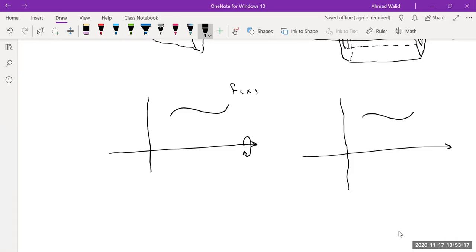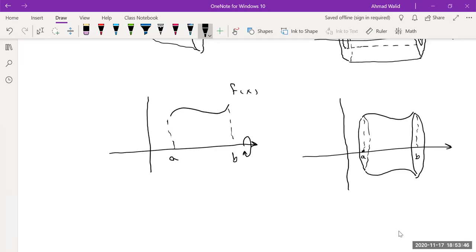I will get something like this. Like a basin. Correct? And this is my interval from A to B. Here your interval will be from A to B. Correct?